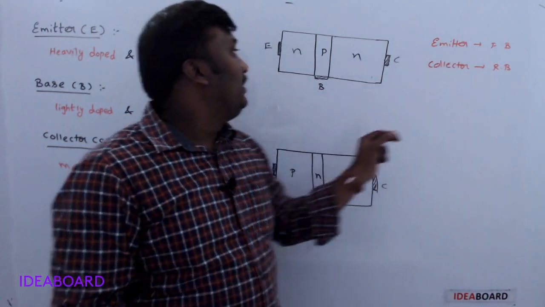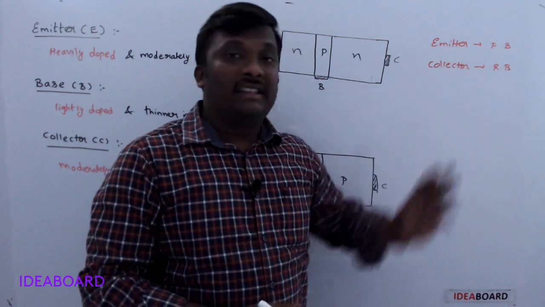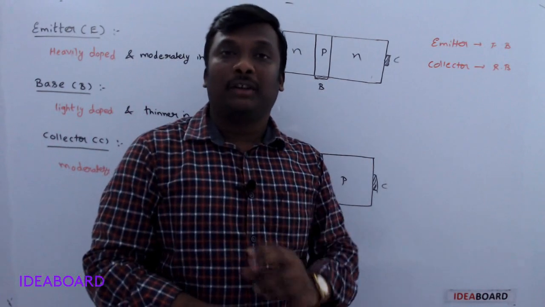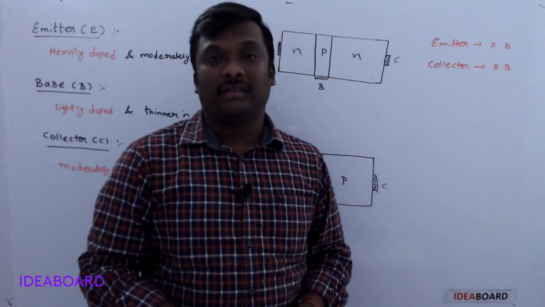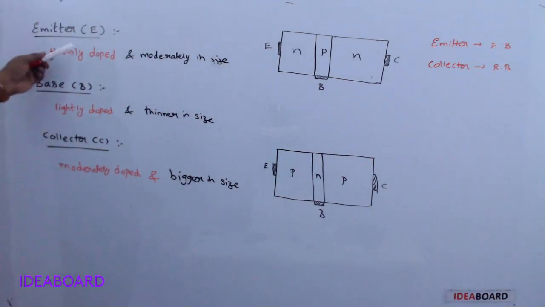Okay, emitter is always in forward bias, collector is always in reverse bias. Understand? So these are the three main parts of the transistor.